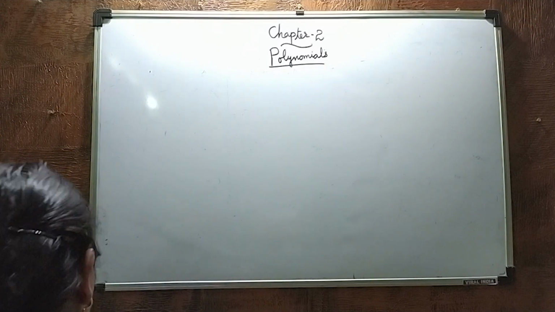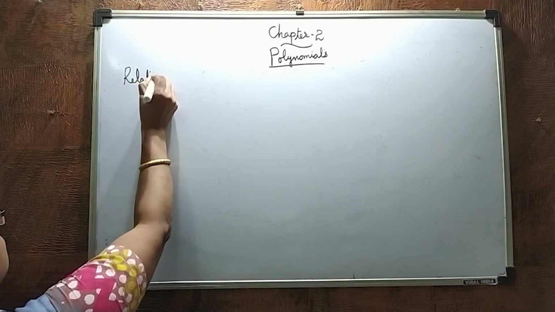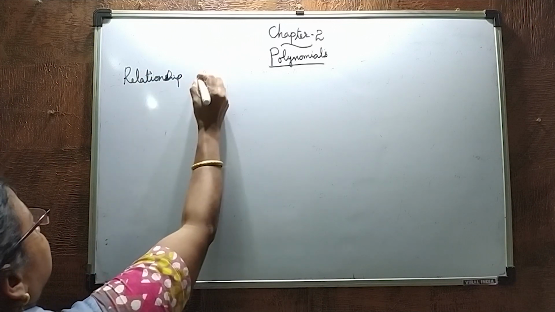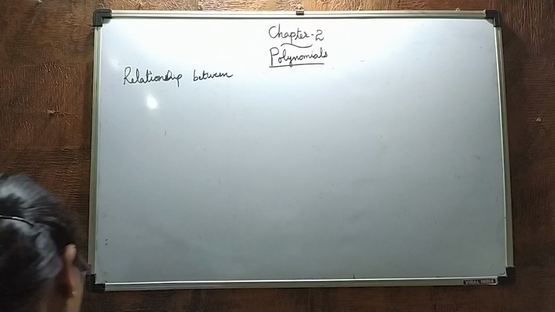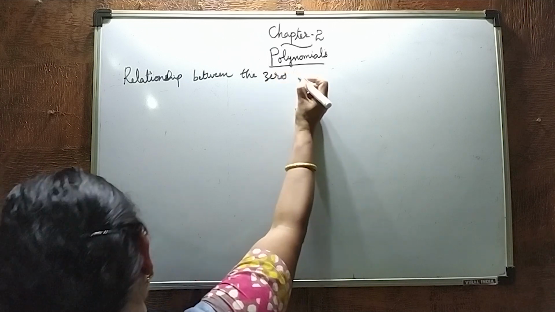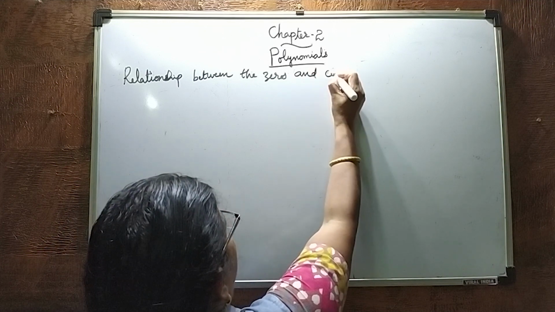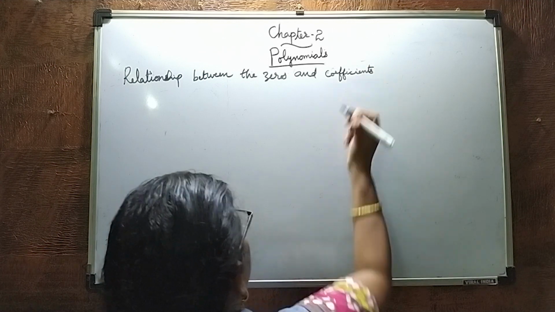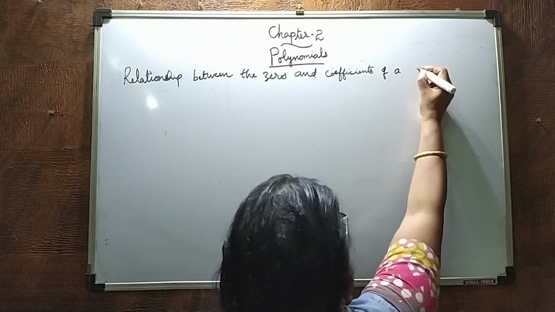Now next heading, relationship between the zeros and coefficients of a polynomial.